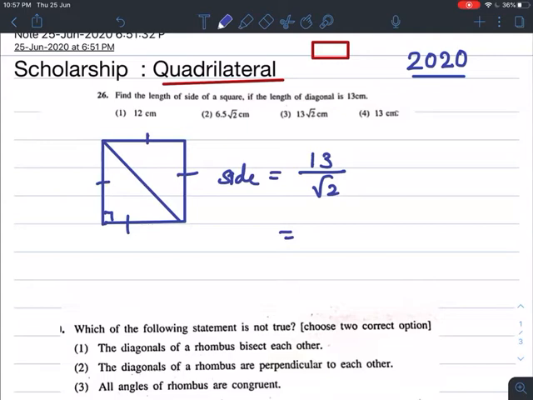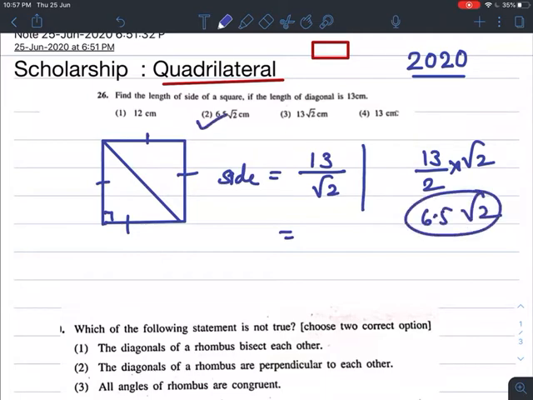Or you can do it directly: the length of the diagonal divided by 2, into root 2. So it will be 6.5 root 2. This is the answer.